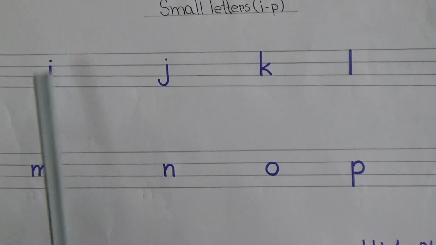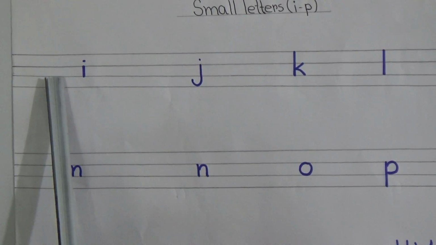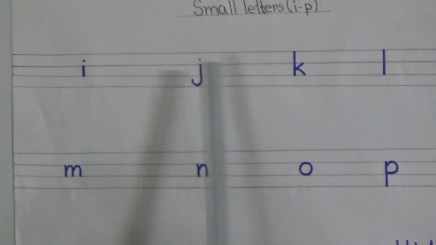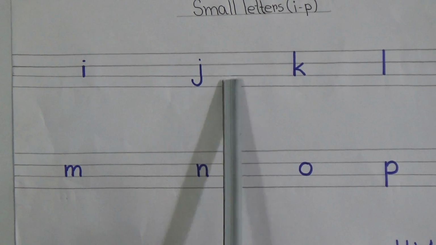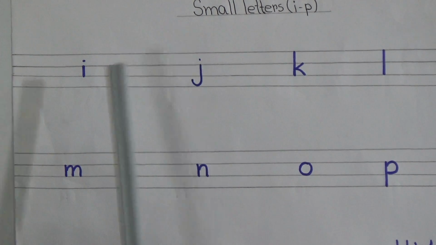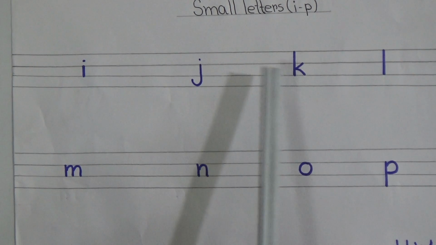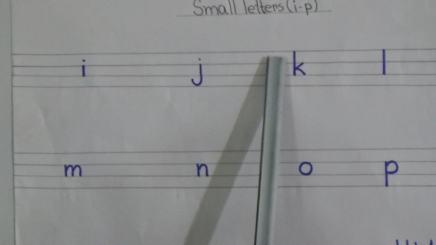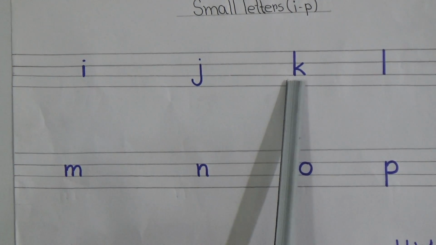Look at the board, my dear students. When we start a small letter, we use the first two lines. But for some of the letters we use the first two lines and touch the last line. First two lines, and obviously you have to touch the last line, like I, J, K. And some of the letters, like K, you will start from the first line and the second line.